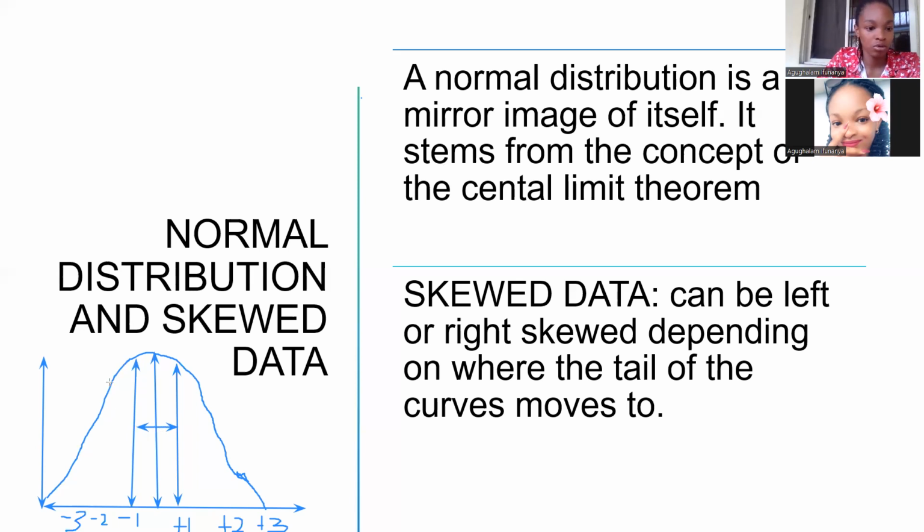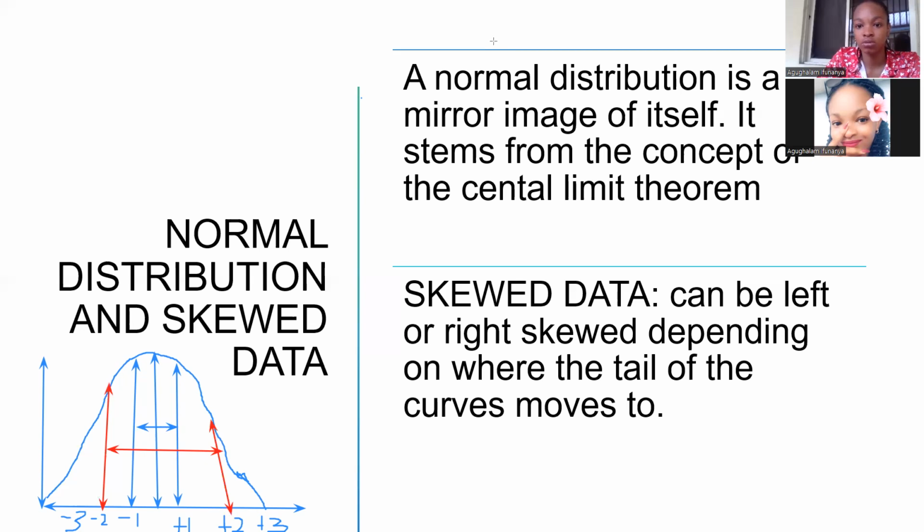From -2 to +2, 95% of observations fall within 2 standard deviations away from the mean, which could be below or above the population mean.